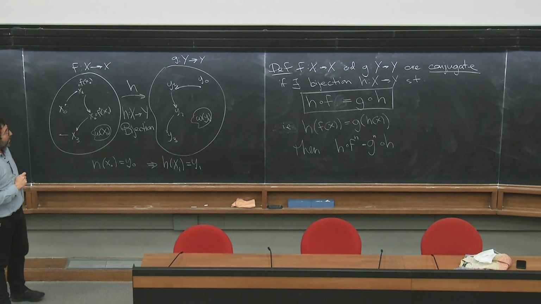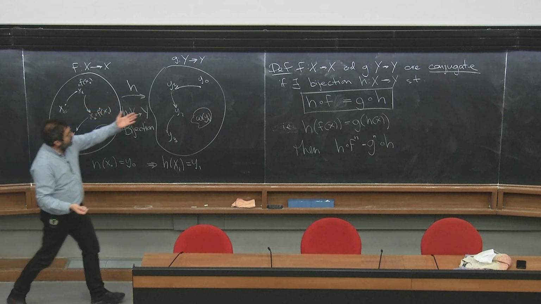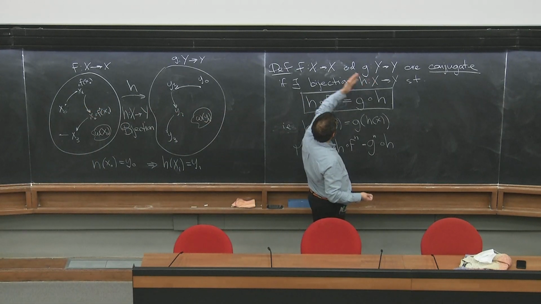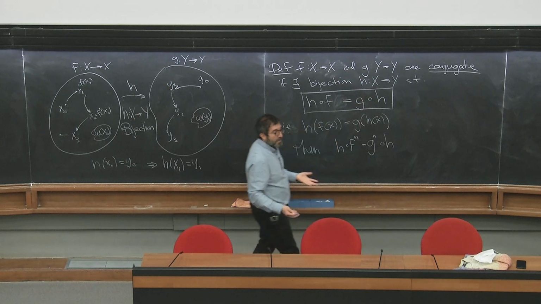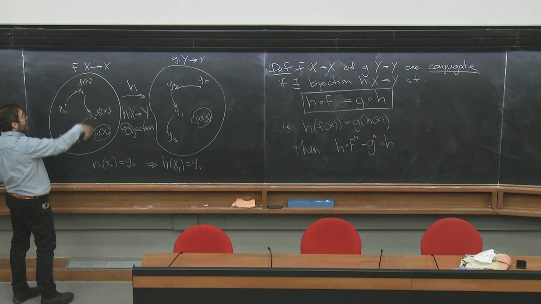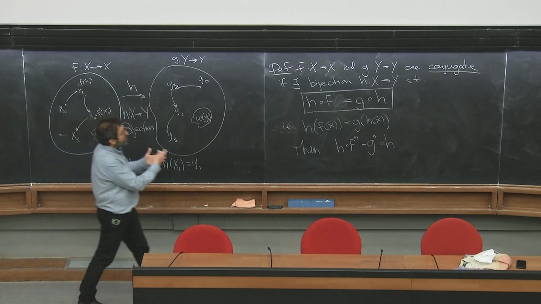Because suppose you have 5 fixed points, then according to this definition, it doesn't really matter as long as H maps fixed points to fixed points, it doesn't matter which fixed points it maps to which fixed points. So you've got your 5 fixed points, and it doesn't matter which one, you can change it around, right?